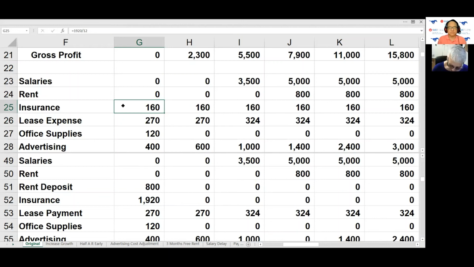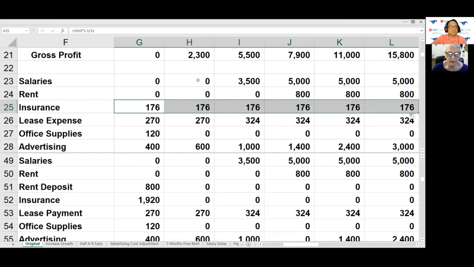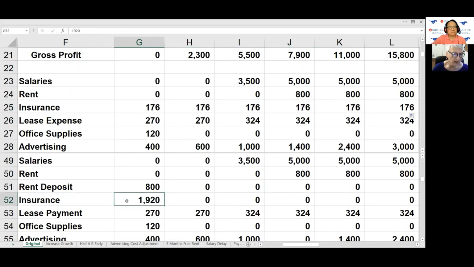Okay, so we're going to put in our formula of $1,920 times 1.1 divided by 12. Okay, so it did go up 10%. So that's why it's at 176. Now down in the cash flow statement under insurance, we're going to pay quarterly.